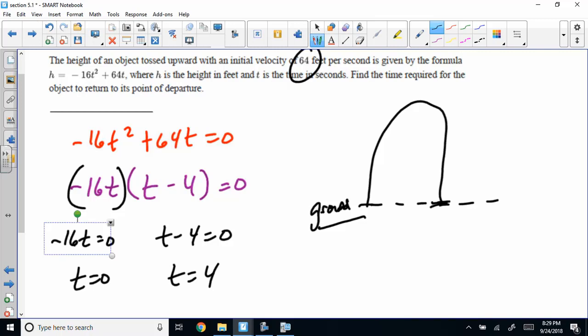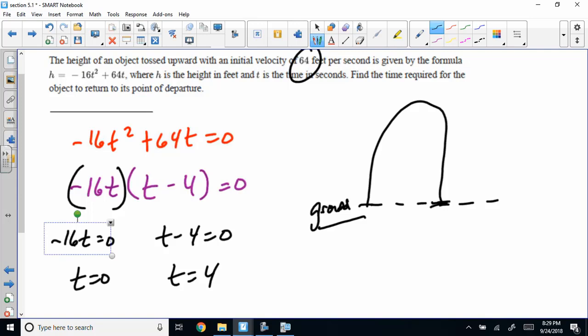Yeah, 32 feet per second squared. Because that's how they get negative 16. They go negative 1/2 g, the gravitational constant, right? Yeah, no, that's a positive, trust me. I have done more than I ever want to know about these equations.